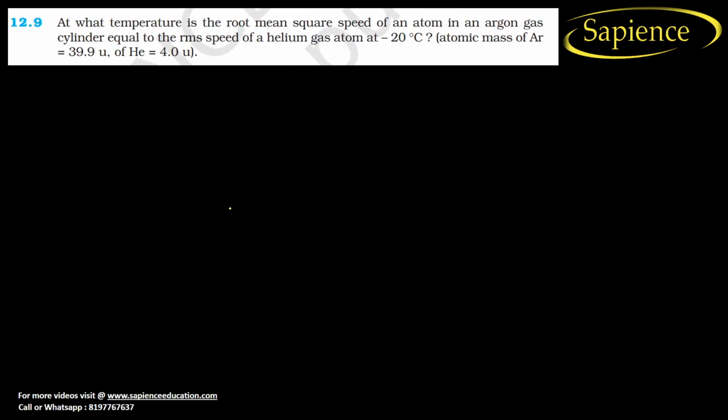Now let us do question number 9. We need to find at what temperature the root mean square speed of an atom in an argon gas cylinder is equal to the RMS speed of a helium gas atom at minus 20 degrees Celsius.